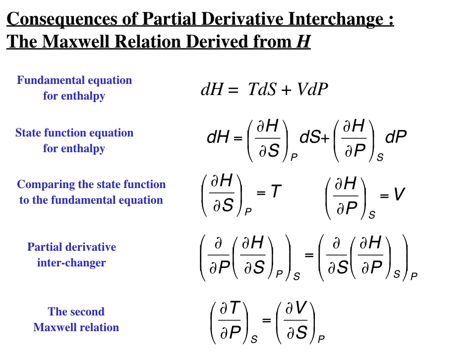Then I can just substitute what I know for dH/dP and dH/dS from the third equation down. And that tells me that the temperature changes with pressure adiabatically has to equal how volume changes with entropy isobarically. So this is the second of our Maxwell relations.